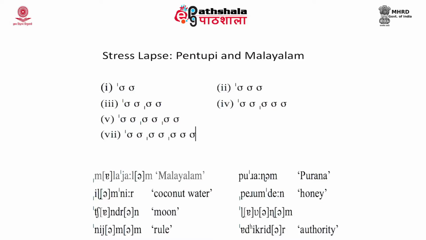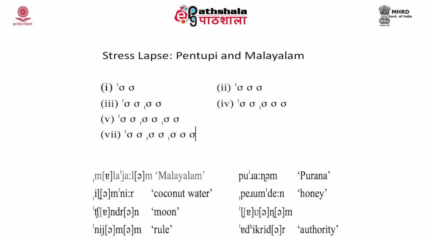In addition to stress clash, we also have the phenomenon of stress lapse. What is stress lapse? Stress lapse is the opposite of stress clash. So the normal tendency in languages is to have the rhythm of stress, unstress, stress, unstress, or unstress, stress, unstress, stress. So alternating rhythm. If there is a sequence of unstressed syllables, let's say, as it happens in unbounded systems like Malayalam, for example.